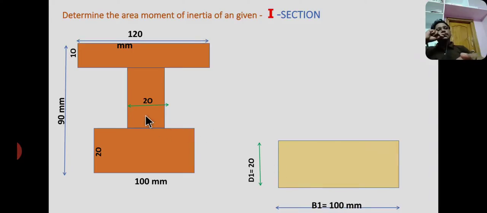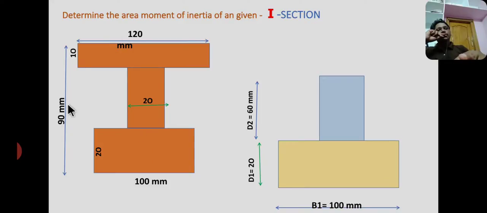Now I am considering this vertical rectangle as section 2, having dimensions height or depth from here to here 60 mm, because from the total height of the I section equal to 90 mm, you have to subtract the values of 20 and 10 mm.